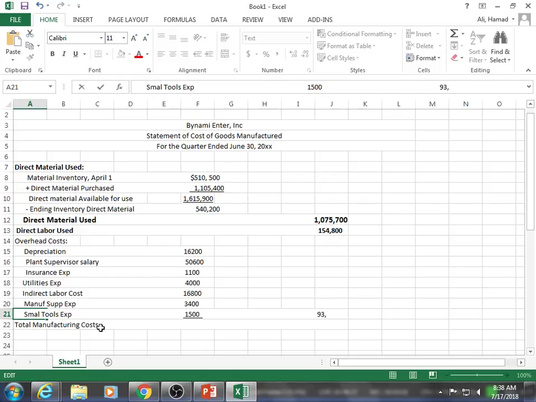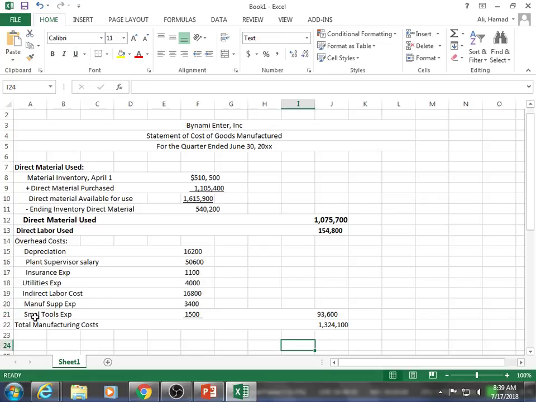All right, so total manufacturing cost is 1,324,100. These are manufacturing costs.